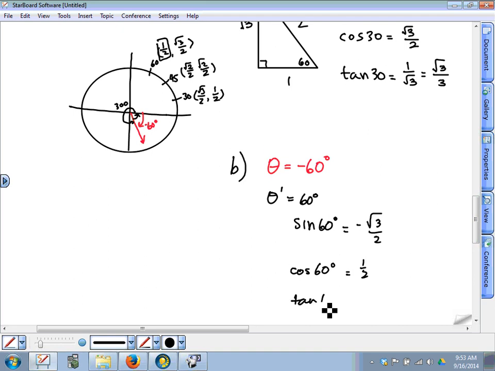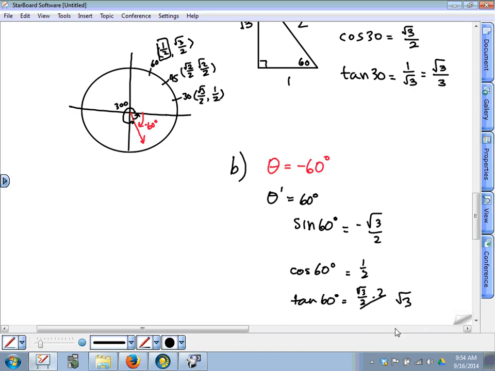Tangent? Using the unit circle for tangent can get a bit funky. If you do y over x, you've got square root of 3 over 2 divided by 1/2. But dividing by 1/2 is the same as multiplying by 2. The 2's cancel, so it's the square root of 3.